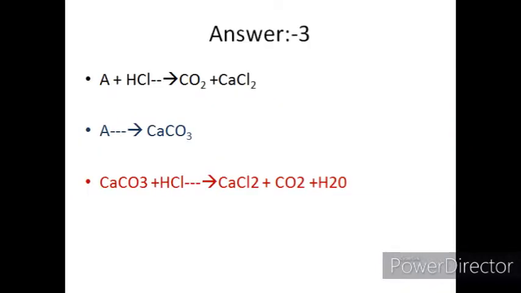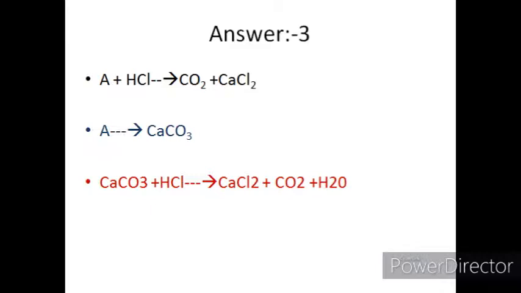Now to answer this question, let A be that metal compound which on reaction with HCl, that is hydrochloric acid, produces a gas which extinguishes fire, and the gas which extinguishes fire is carbon dioxide. And one more thing is given in the question, that is calcium chloride is also produced.